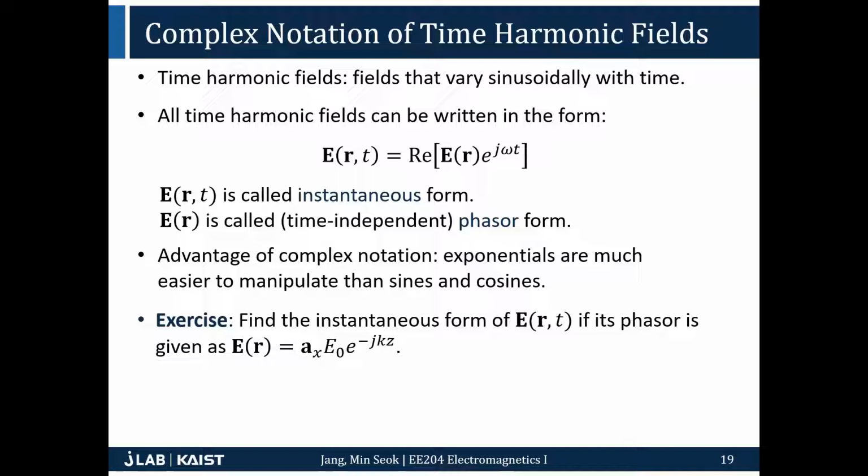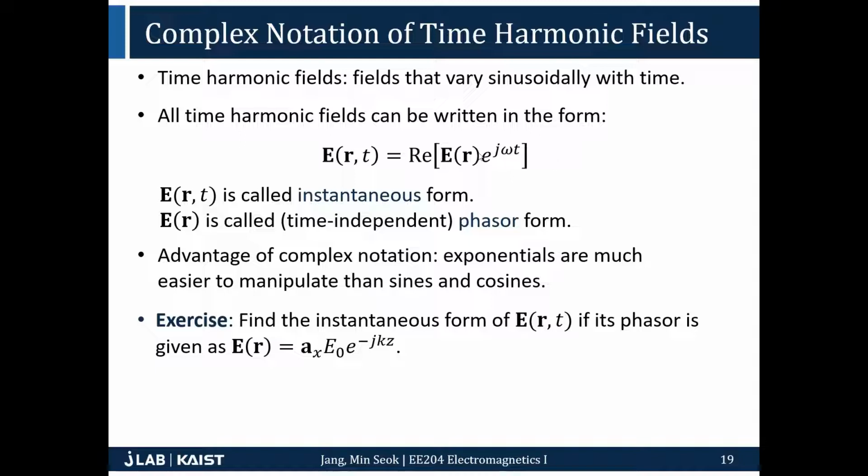And then the name for the full form, E of r,t, is called the instantaneous form. And the E of r, what's inside here, is called the time-independent phasor form. And of course, E of r,t, the instantaneous form, is a real number because we just took the real part.